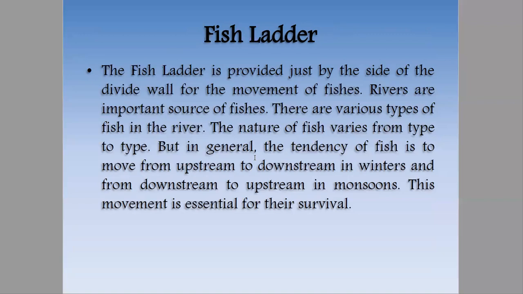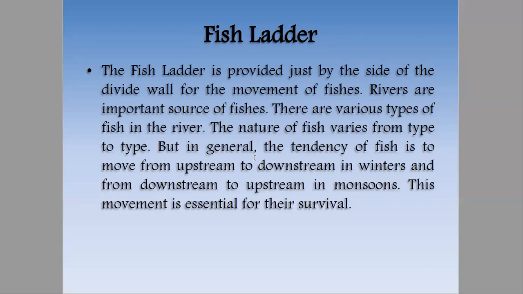We have read somewhere, or you might have heard from anyone else, that fishes move from downstream to upstream in monsoon. And why do they do so? There is a funny reason for that. They are fool enough that they think that the water coming from upstream means there might be more and more water there.